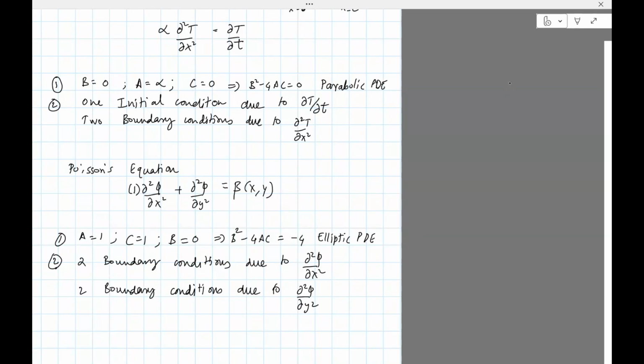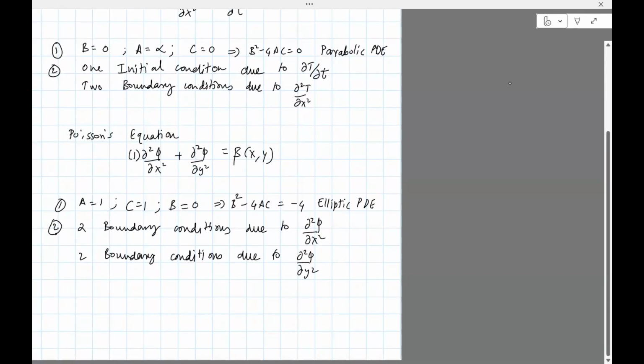So four conditions are needed. And when I say boundary conditions, they can be anything like phi of x, phi of y, d phi dx, d phi dy, any combination of those.